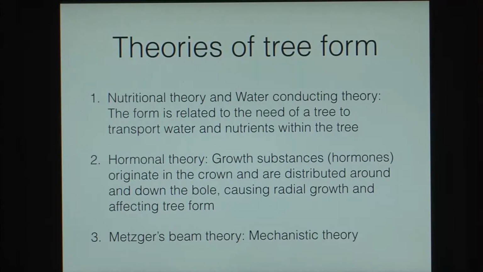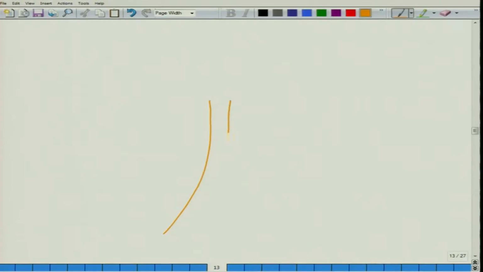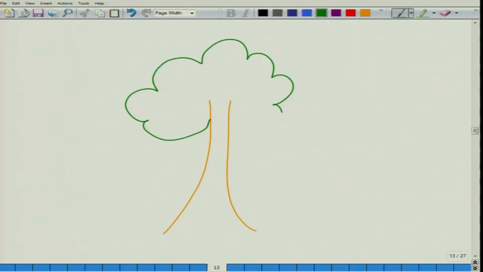We will come to it in a later lecture, but essentially what it states is that if you consider a tree, and this tree is standing on the ground, it will be facing wind pressure.